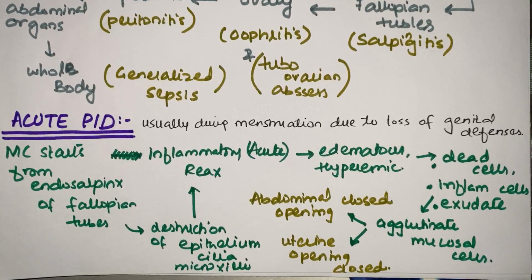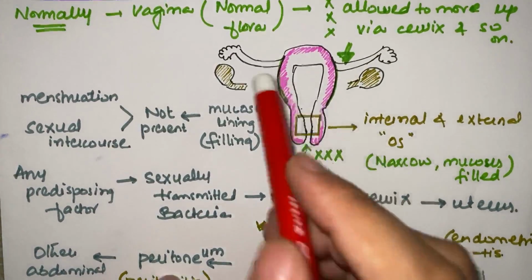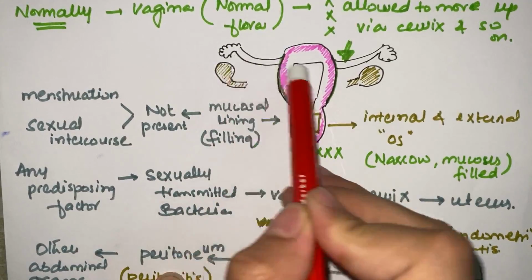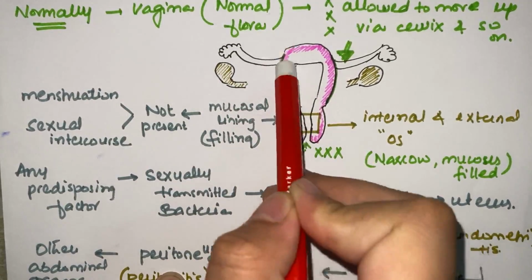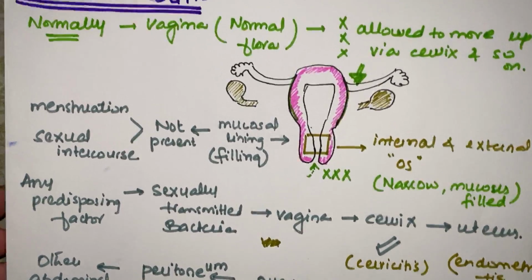Ultimately, the end result is that the dead cells, exudate, and inflammatory cells cause inflammation, edema, and exudate of the mucosal lining of the fallopian tube, which leads to a decrease in the lumen size. The net result is that both openings of the fallopian tubes, coming back to this diagram, the abdominal opening as well as the uterine opening, become closed, and that is a very serious complication. We'll talk about it later in the complications section. So this is how the disease occurs.